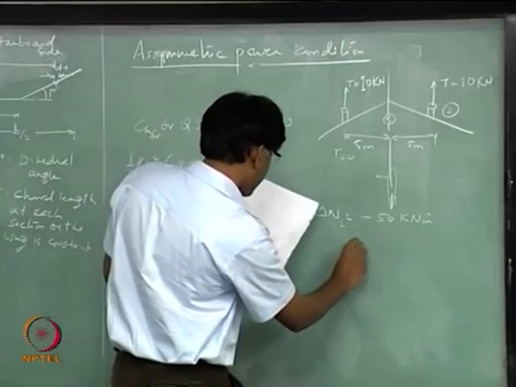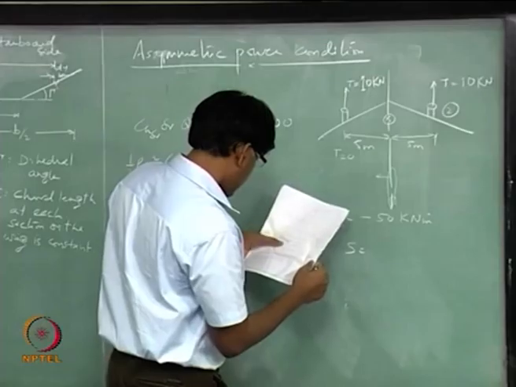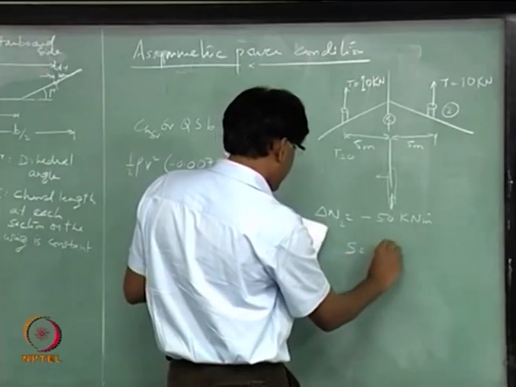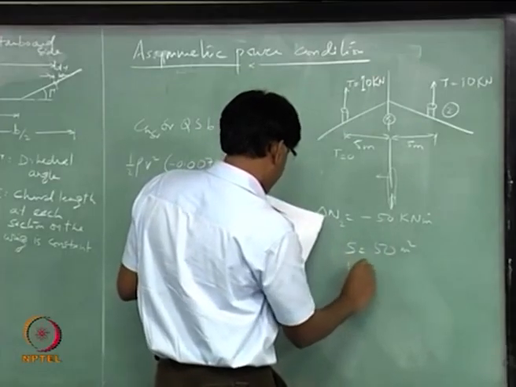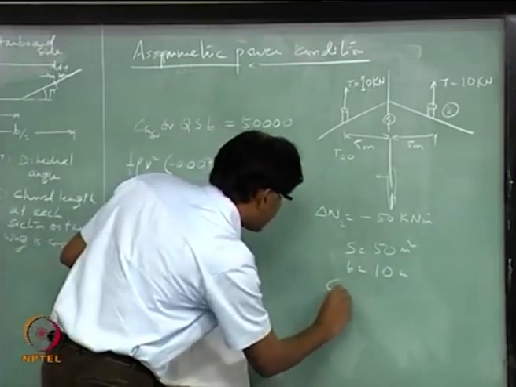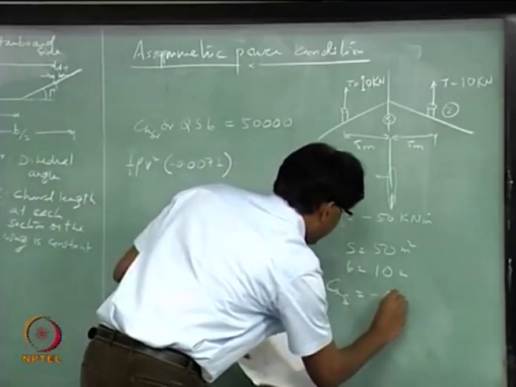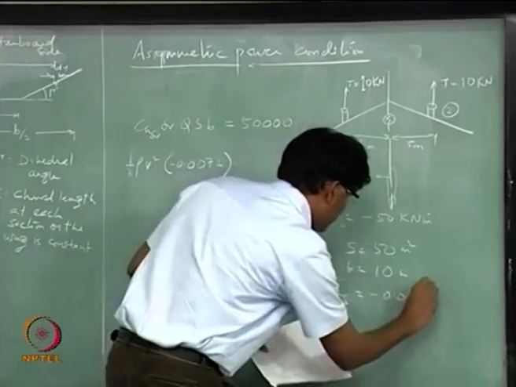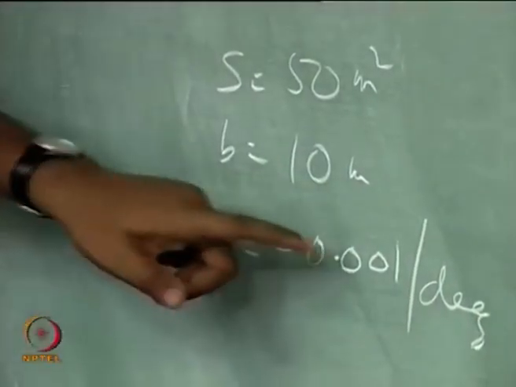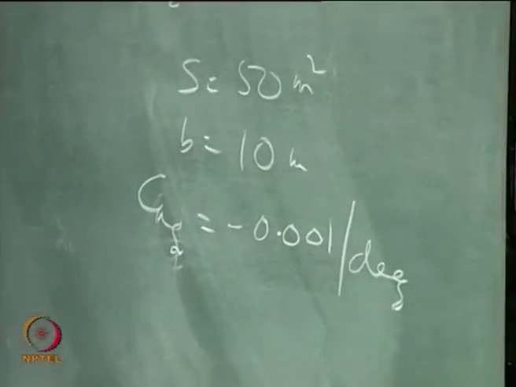So, here the S given as, I think Cn delta R is not that, but Cn delta R is minus 0.001 per degree.